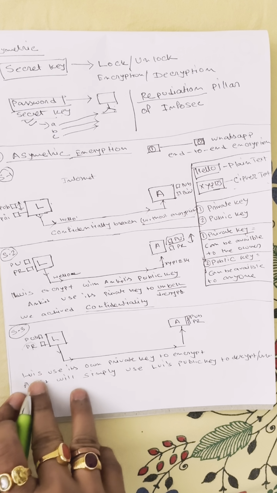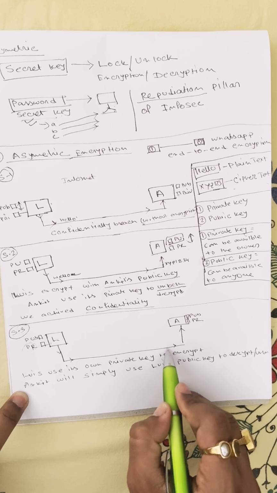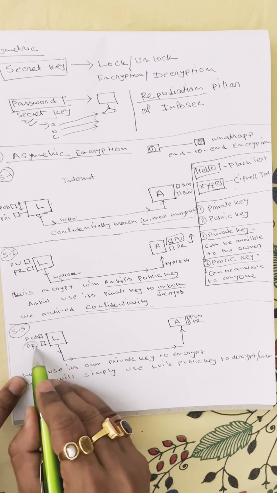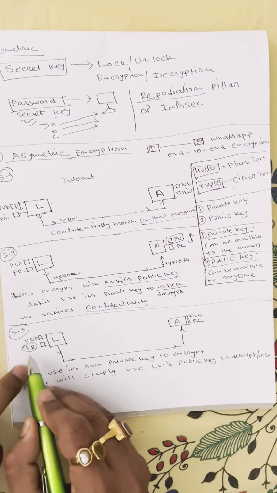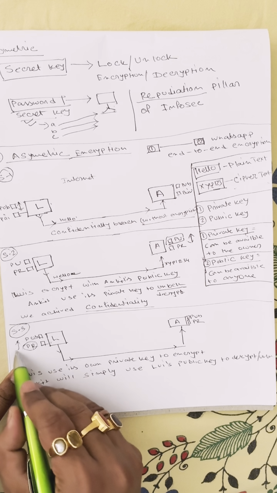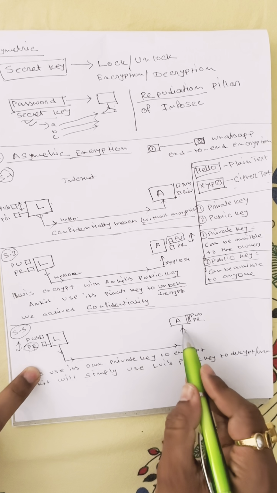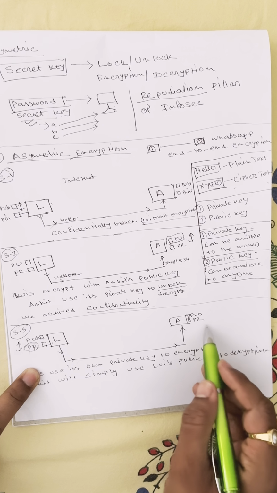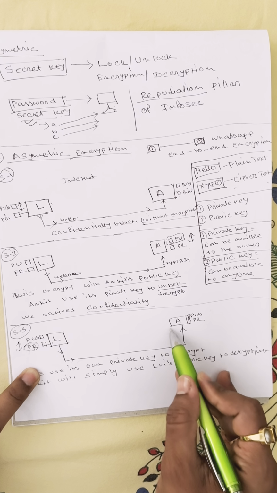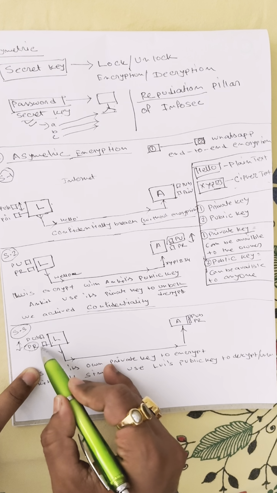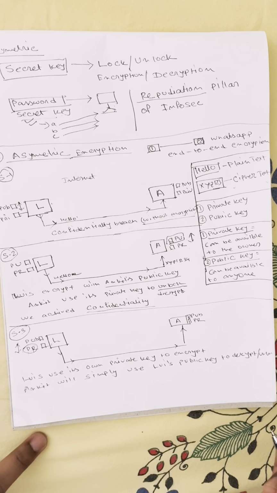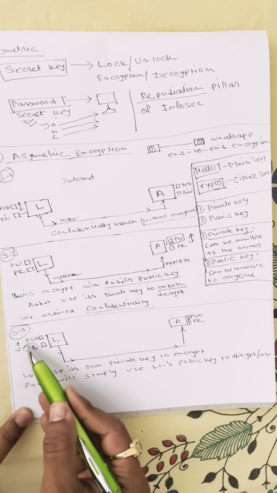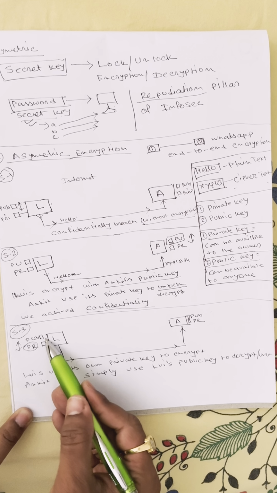Now again understand, Louis sends this message with encryption to Ankit with its own private key. So these two keys are interconnected. It reached Ankit. This time Ankit did not use its own public key or private key. Simple thing, it decrypts the message with Louis's public key. It is encrypted by the private key of Louis, and now it is decrypted by the public key of Louis.